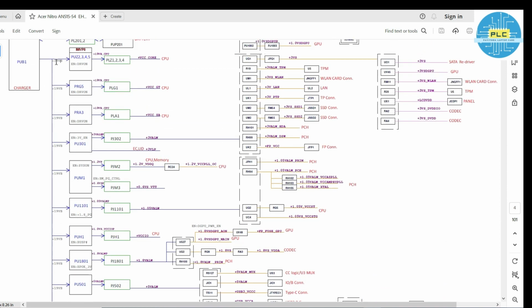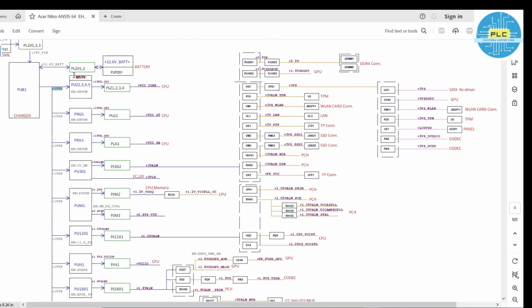This load voltage is connected to this one, PU2345, which is one load that works through this enable. Consider this a load having 19 volts input and ground as the output; positive and negative make a complete loop, a complete circuit. This IC will work when this particular DRVON enable signal comes, and only then will it give the output of this one, VCC core.